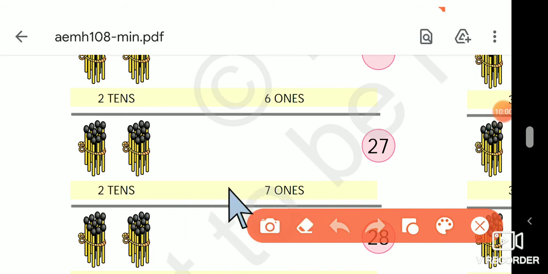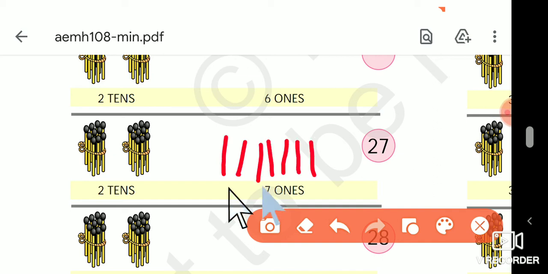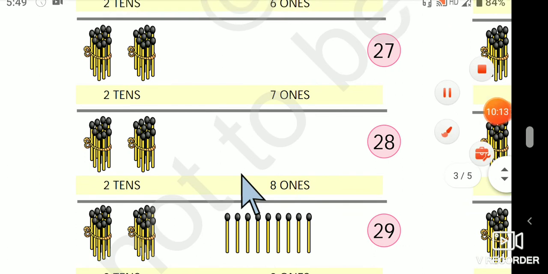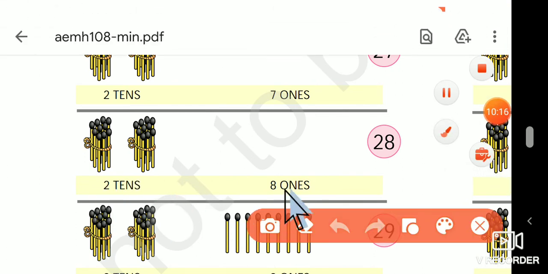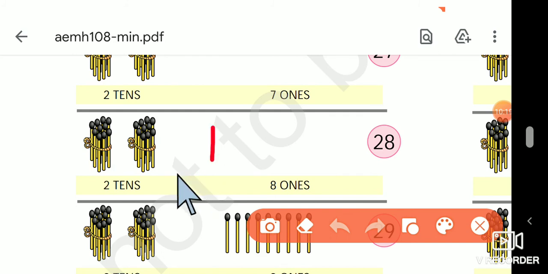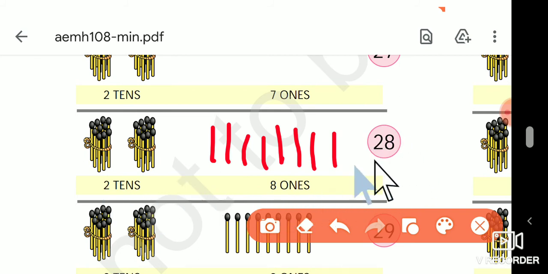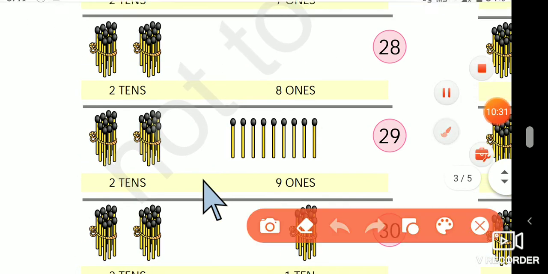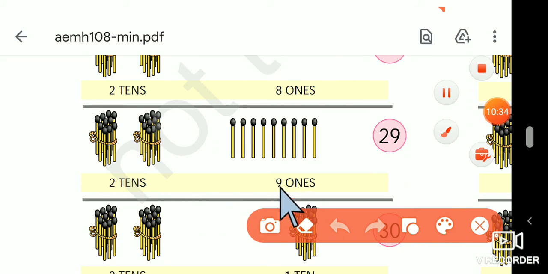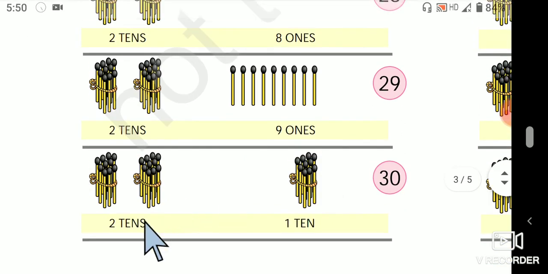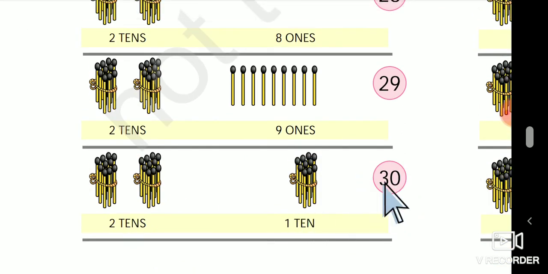So draw the 7 matchsticks. 1, 2, 3, 4, 5, 6, 7. 2 tens and 7 ones is equal to 27. 2 tens and 8 ones, draw the 8. 1, 2, 3, 4, 5, 6, 7, 8. 2 tens and 8 ones is equal to 28. 2 tens and 9 ones is equal to 29. 2 tens and 1 ten is equal to 30.